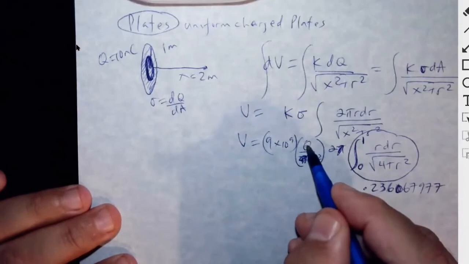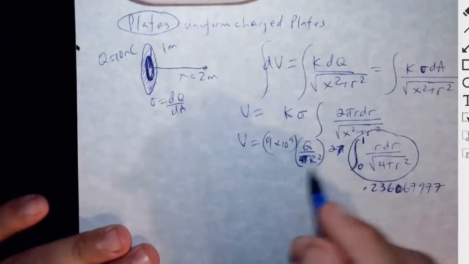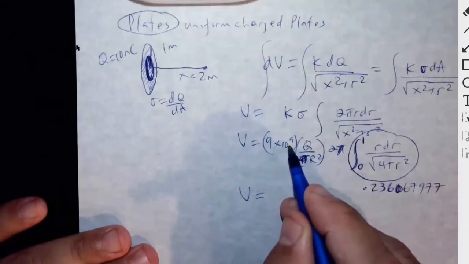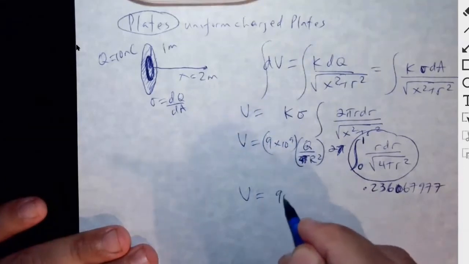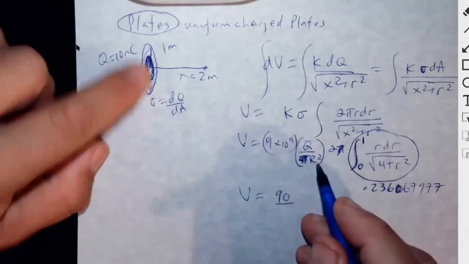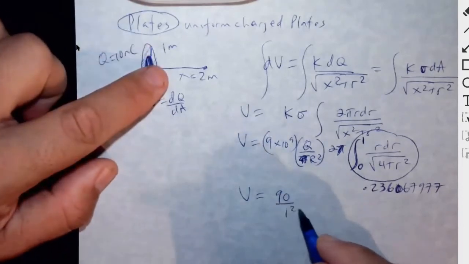And then the Q was 10 nanocoulombs. So 9 times 10 is 90, divided by R, which was 1 meter, so that's just 1 squared.